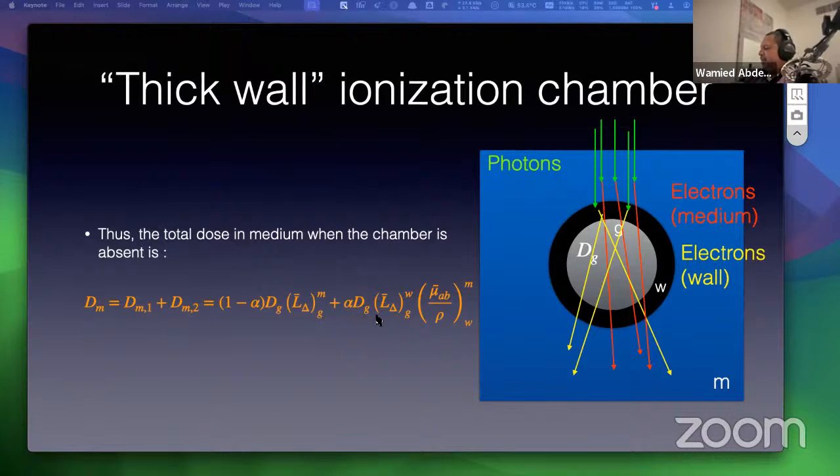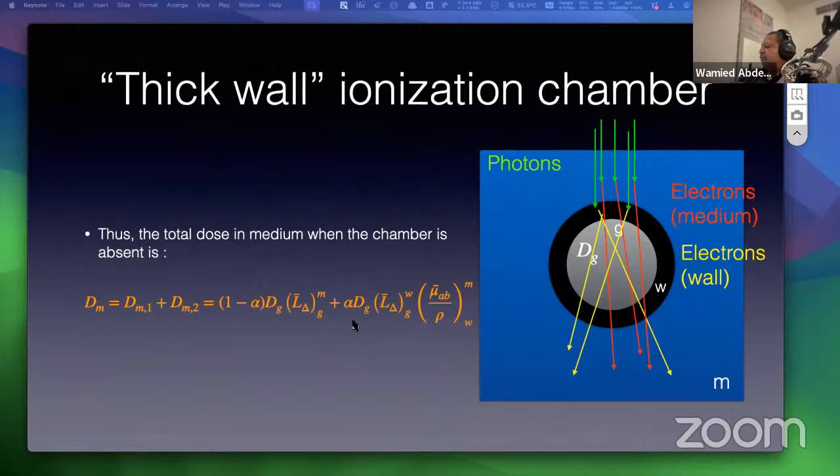It's given by the product of that dose fraction multiplied by the restricted collision stopping power of gas, wall to gas. See here, it's medium to gas. Here it is wall to gas. Multiplied by the mass energy absorption coefficient of medium to wall.